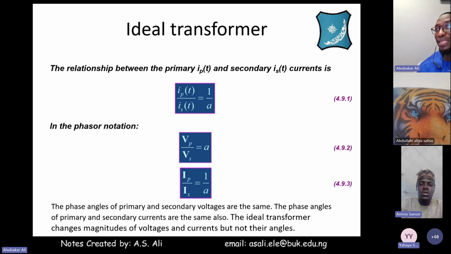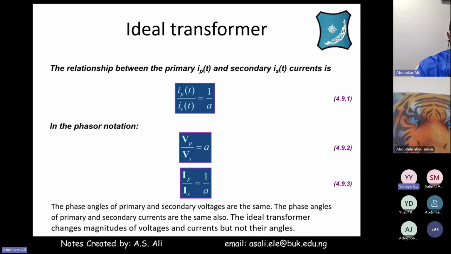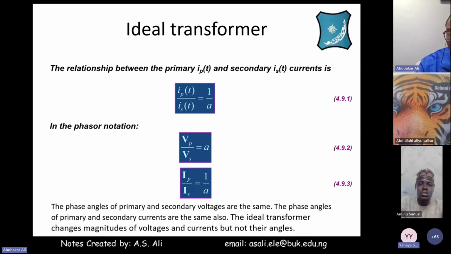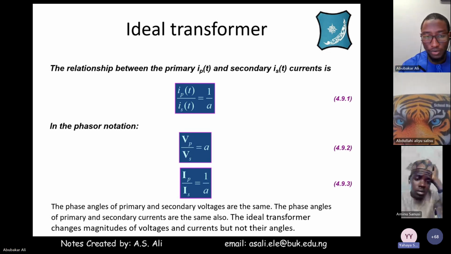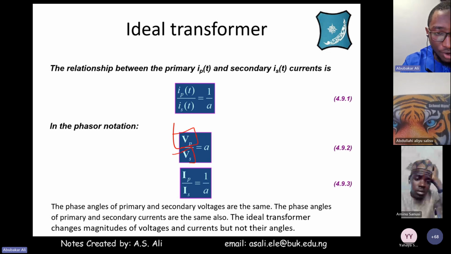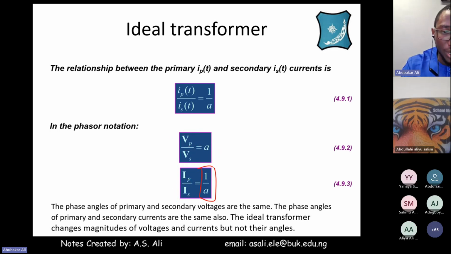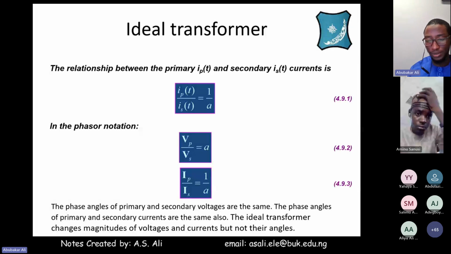So what is the relationship between the primary and secondary currents? Same thing, just that here it is inversely proportional to the primary, unlike the case of the voltage. In phasor notation, we use VP over VS equals A, and IP over IS equals 1 over A. So these are the characteristics of an ideal transformer.